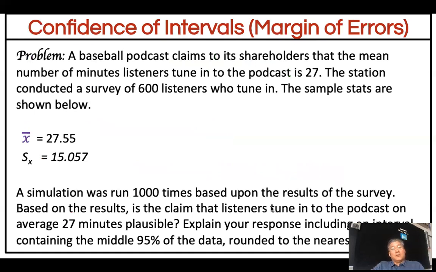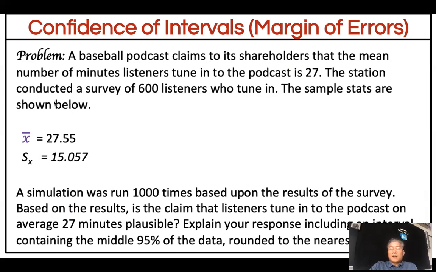So let's look at the question. Even though the question is very long, let's simplify. A baseball podcast claims to its shareholders that the mean number of minutes listeners tune in to the podcast is 27.